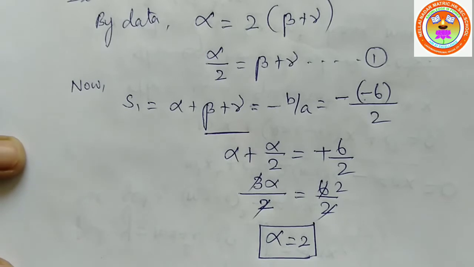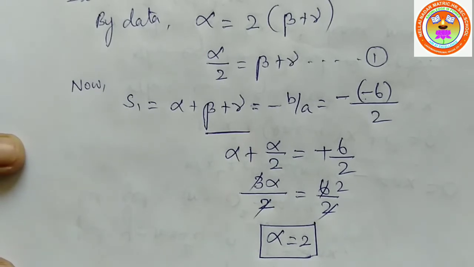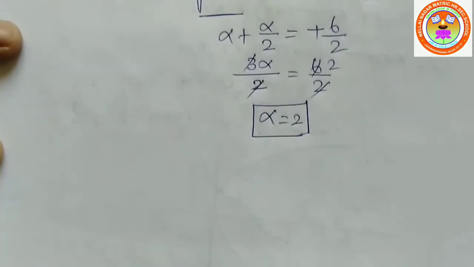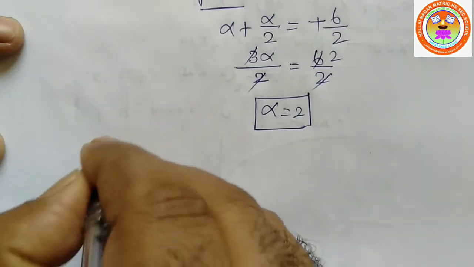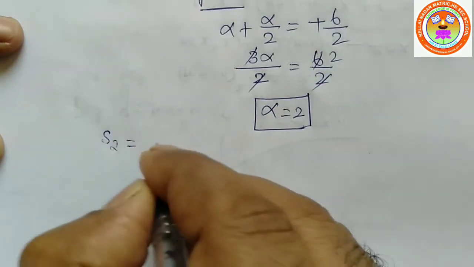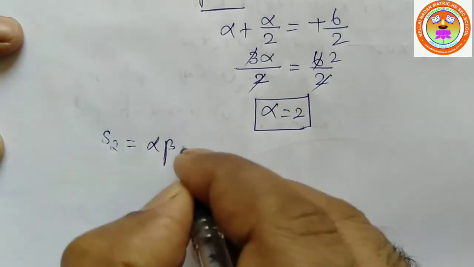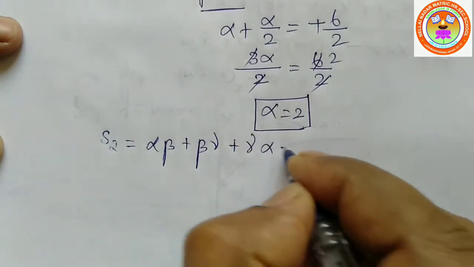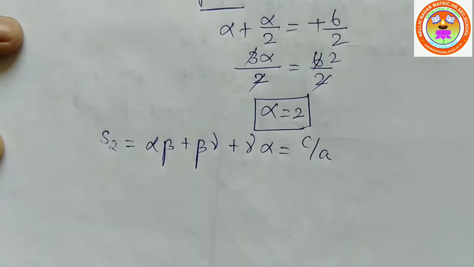Now come to S2. What is S2? S2 means the sum of product of the roots taken 2 at a time. S2 is alpha beta plus beta gamma plus gamma alpha, which is equal to c by a.